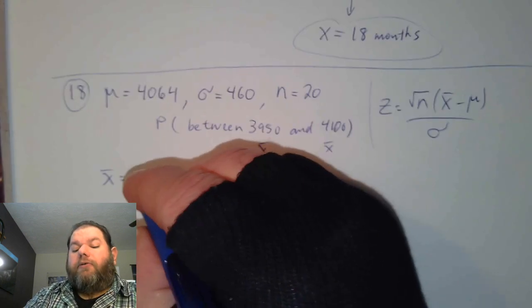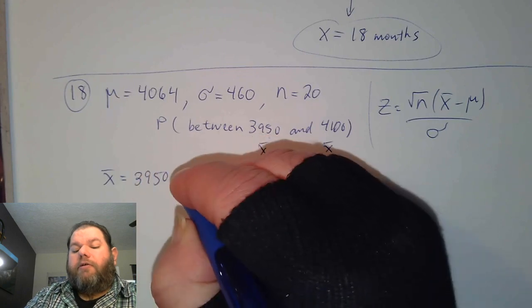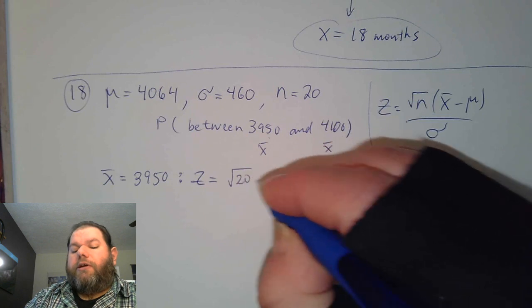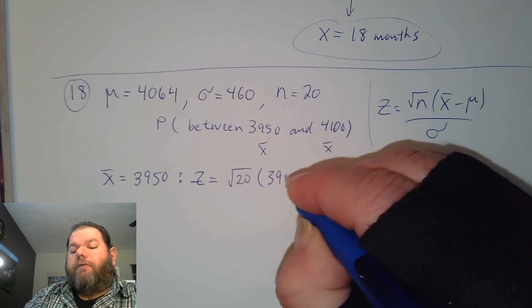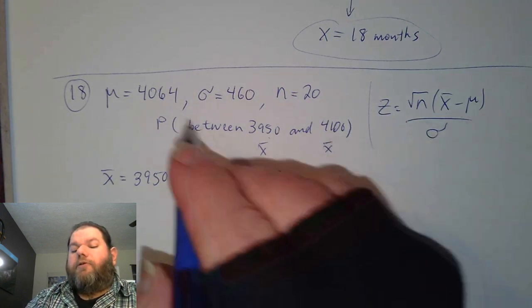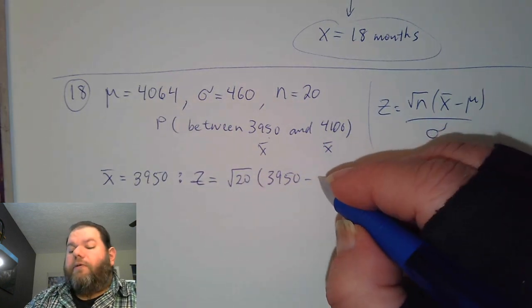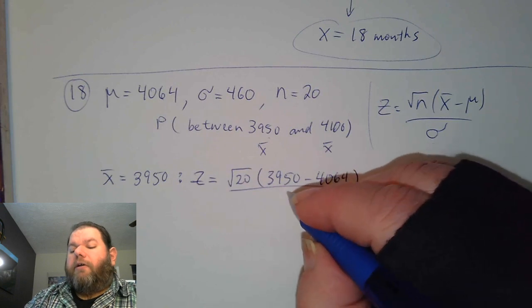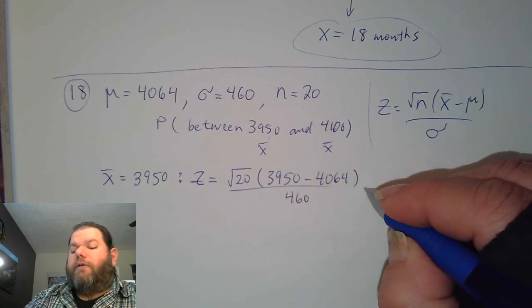So for x bar equals 3,950, z is square root 20 times 3,950 minus mu, which is 4,064, divided by 460.